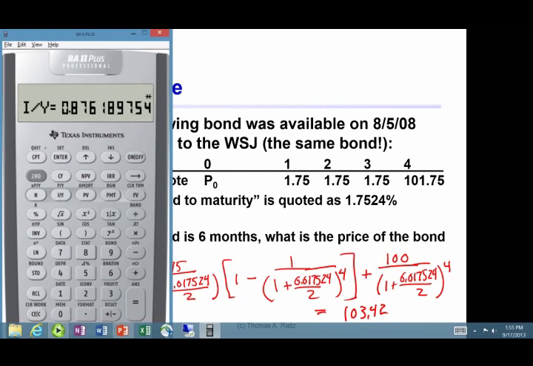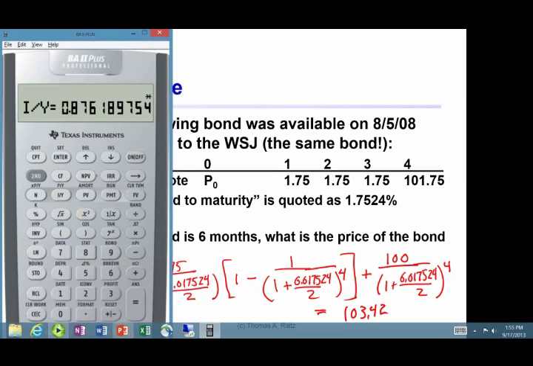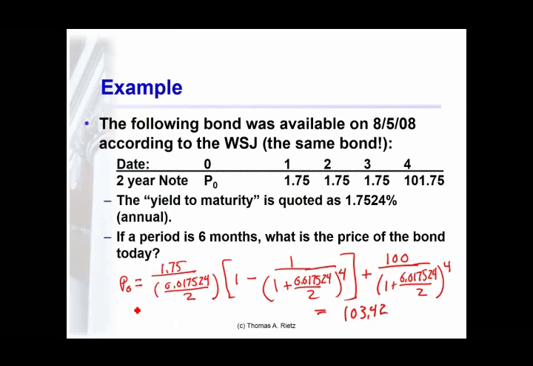And you'll compute the periodic interest rate, then multiply by 2 to get the annual interest rate, 1.7524, to rounding. So that is bond pricing using yield to maturity.